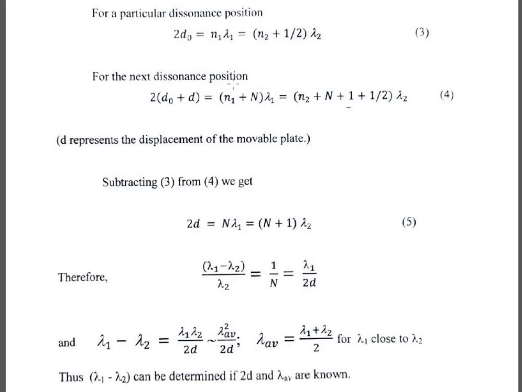For the next dissonance position, after the plate has been shifted by distance d, we have this condition, and from this subtraction, just by doing some algebra, we can get the value of lambda 1 minus lambda 2, which is approximately equal to lambda average squared by 2d. Now I can estimate this movable distance, how much I have shifted, using the micrometer. So I can measure this, and this lambda average I already know from the second part of the practical, right?